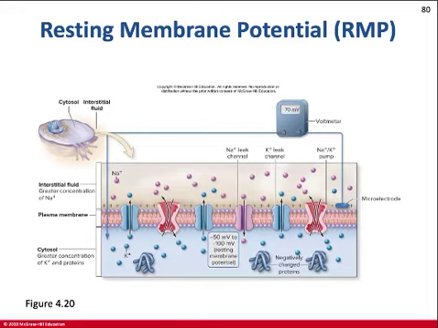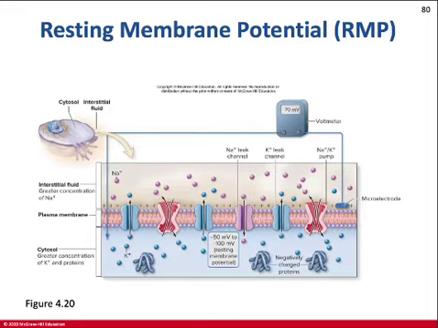There you can see when the cell is quote unquote at rest, how we get the polarization of the membrane, which is like the charge on the membrane that can be used to drive all these different processes. Again, when a cell is at rest, it's not really resting; it's doing a whole bunch of work.